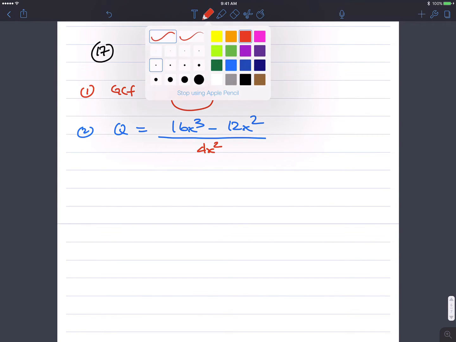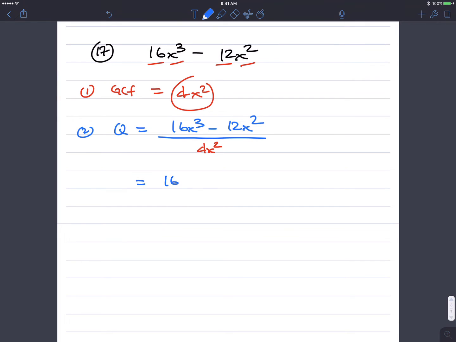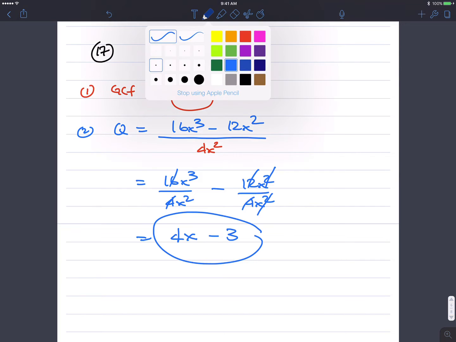Okay. So now you guys can distribute your division like we worked on. 16 divided by 4 is 4. X cubed divided by x squared is x. 12 divided by 4 is 3. X squared over x squared, that's gone. So the quotient is 4x minus 3.